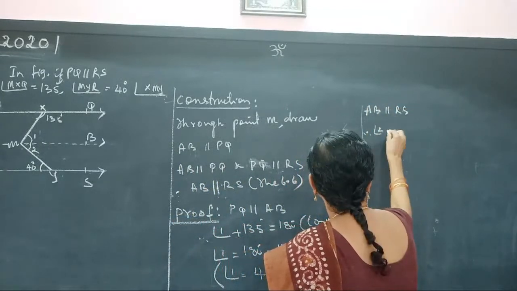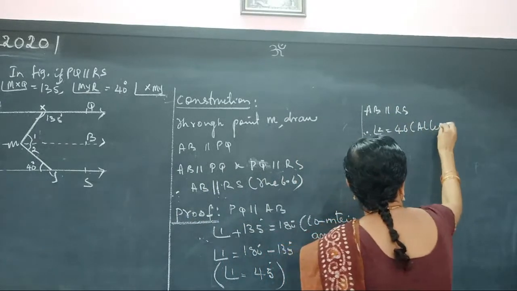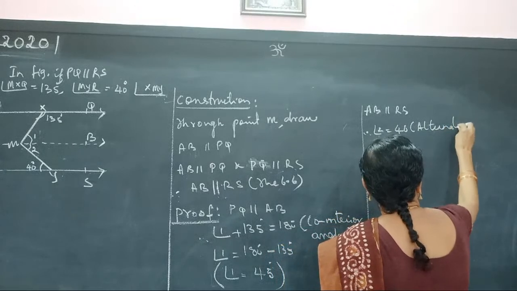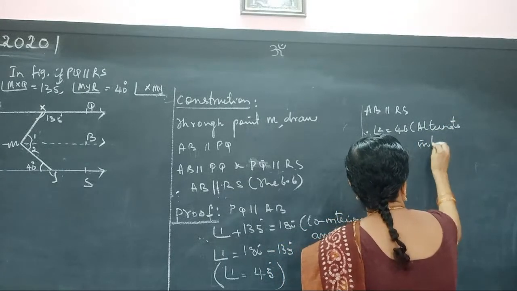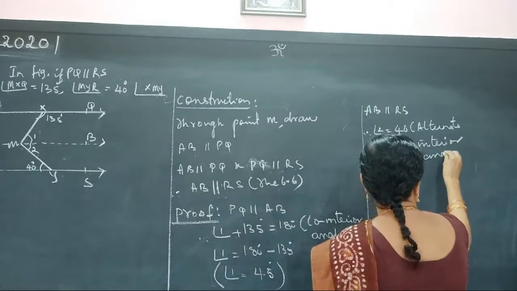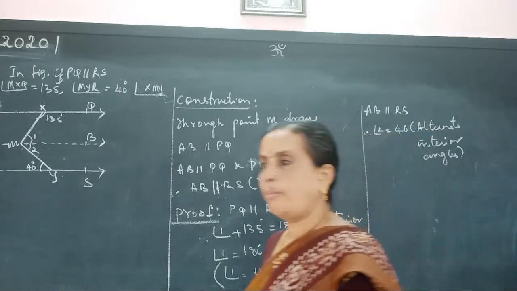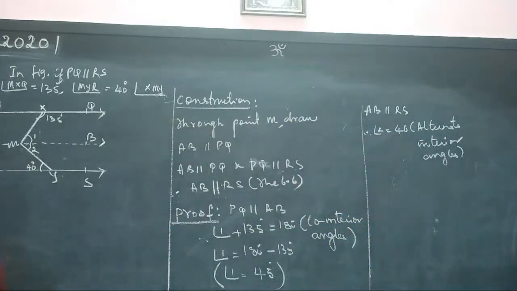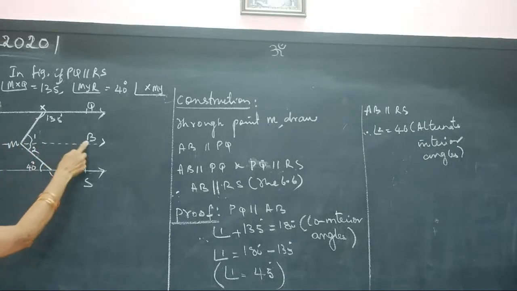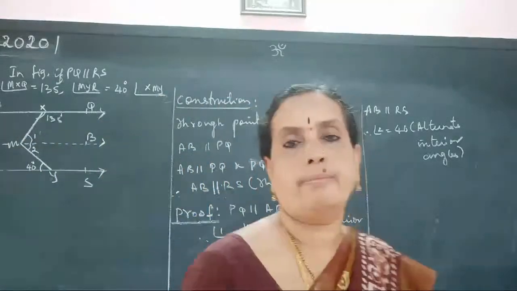Therefore, angle 2 equals 40 degree, alternate interior angles. You may also mention the angle letters, that is angle RYM equals angle BMY. You can also use the letters to mention.